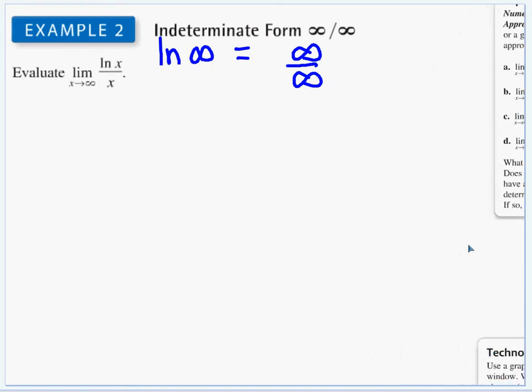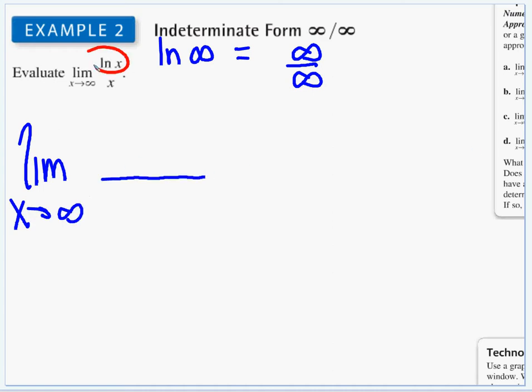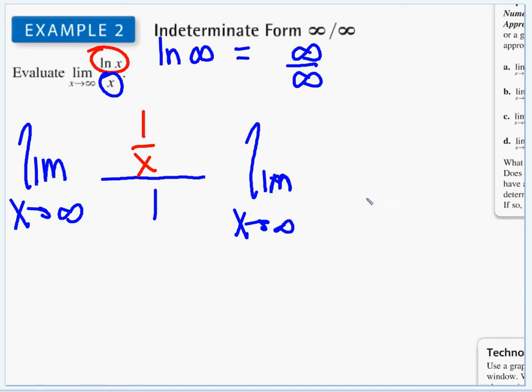L'Hopital's rule can be applied. So we're going to keep our limit notation and we're going to derive the numerator. Natural log of x derives to 1 over x. Denominator x derives to a 1. So this just becomes the limit as x heads to infinity of 1 over x.